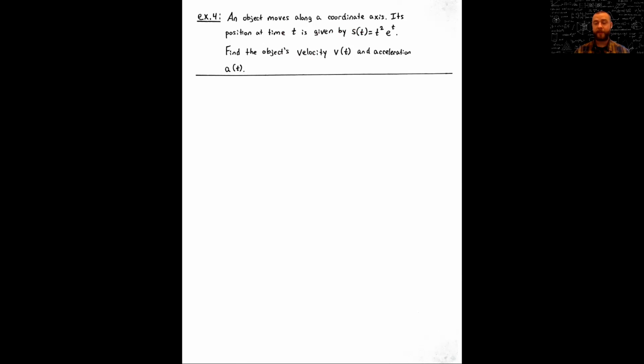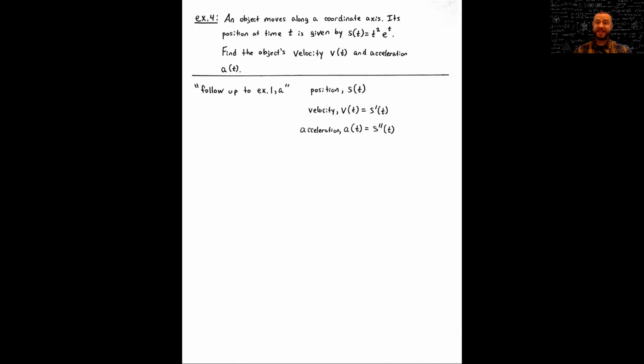Now we briefly talked about this earlier, and we haven't talked about it since we really didn't have any of the differentiation rules available at the time. Well, now since we're getting through product and quotient rules, now is a good time to revisit those ideas. With position, the velocity is the first derivative of position, so we can say the velocity is s prime, and then the acceleration, which is the rate of change of velocity, and velocity is itself a rate of change of position.